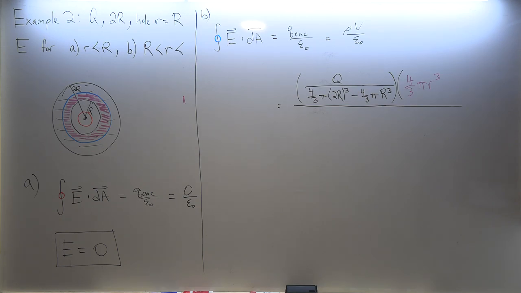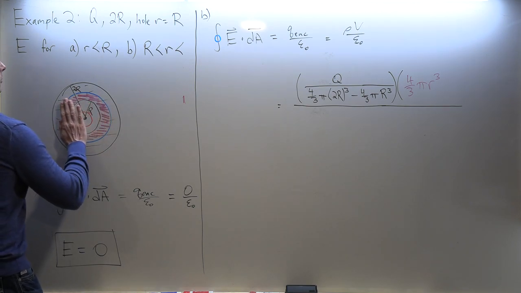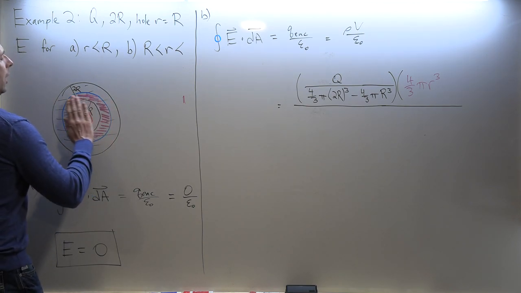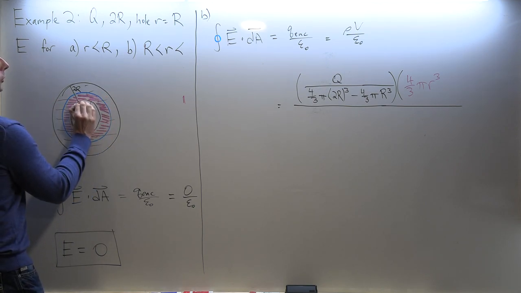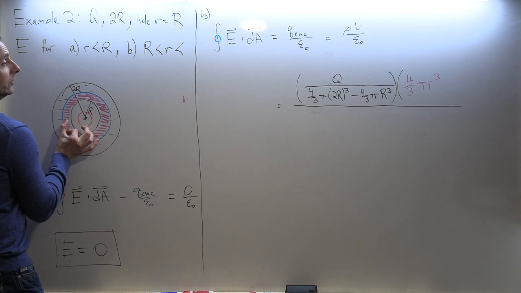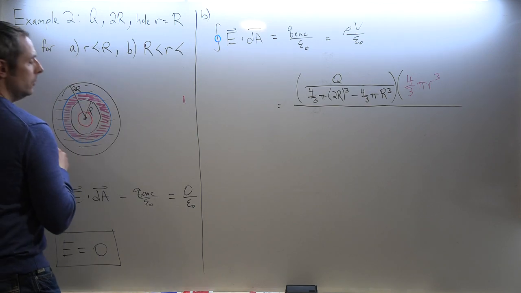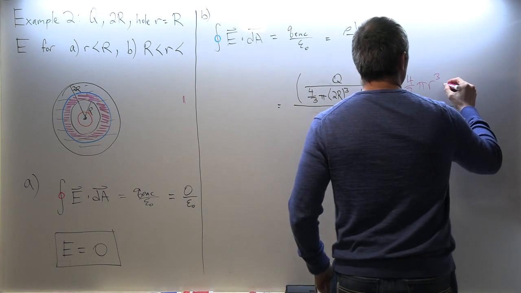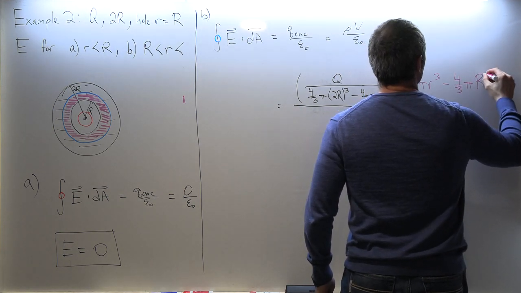That just determined the volume of this entire sphere. But the charge doesn't go throughout this whole area because there's a hole where there's no charge. So I need to subtract off that hole to just get the volume of where the charge actually is. So 4/3 pi r cubed is the volume, and now I subtract off 4/3 pi r cubed of the hole, which is radius capital R.